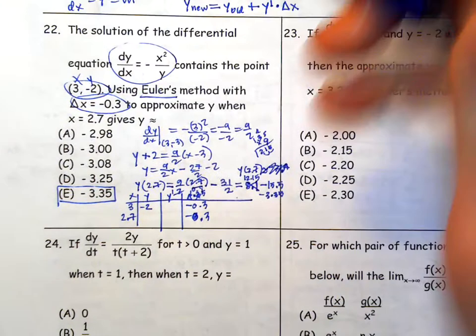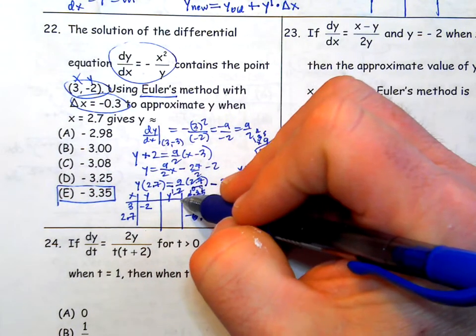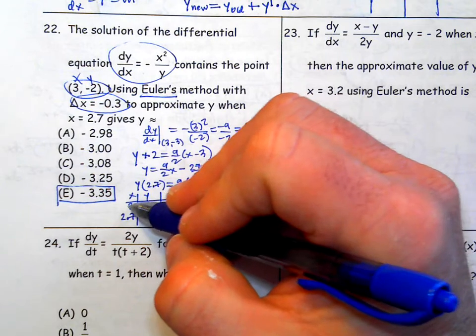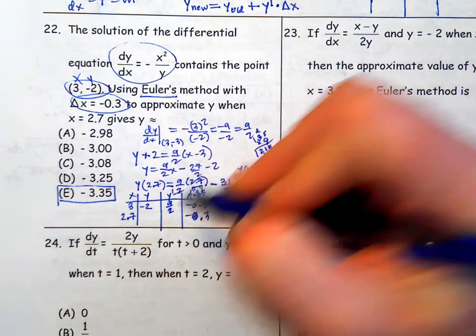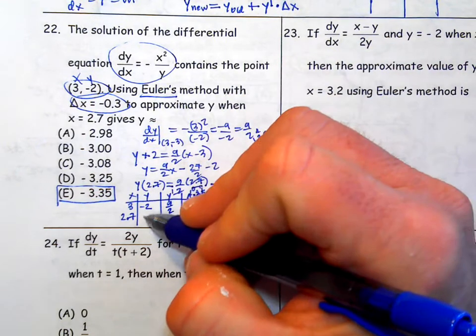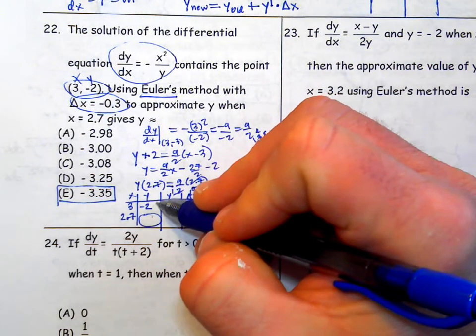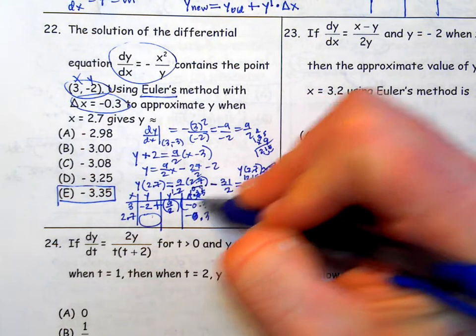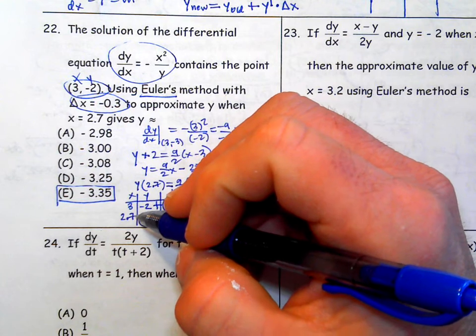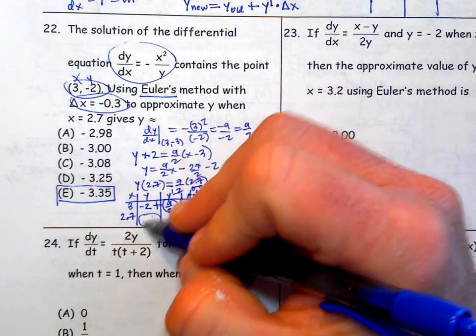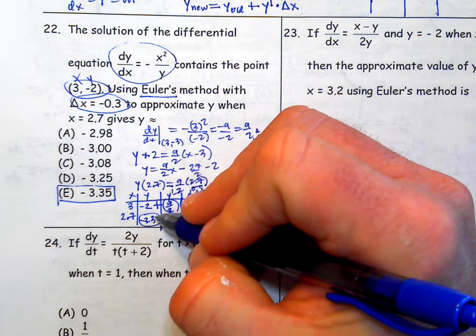And then you can say, okay, well, the derivative is you plug 3 and negative 2 into there and you get 9/2 or 4.5. And then you say, well, the new y is the old y plus y prime times delta x. And after you figured it out, you would get negative 3.35.